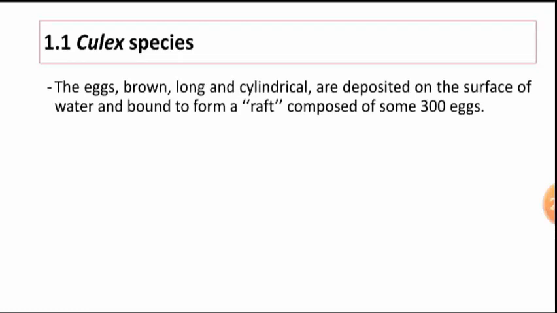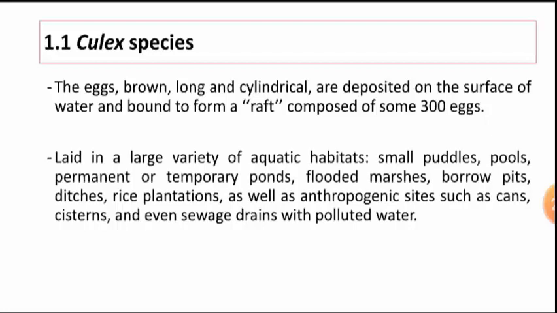The eggs, brown, long, and cylindrical, are deposited on the surface of water and bound to form a raft composed of some 300 eggs, laid in a large variety of aquatic habitats: small puddles, pools, permanent or temporary ponds, flooded marshes, borrow pits, and even ditch drains with polluted water.